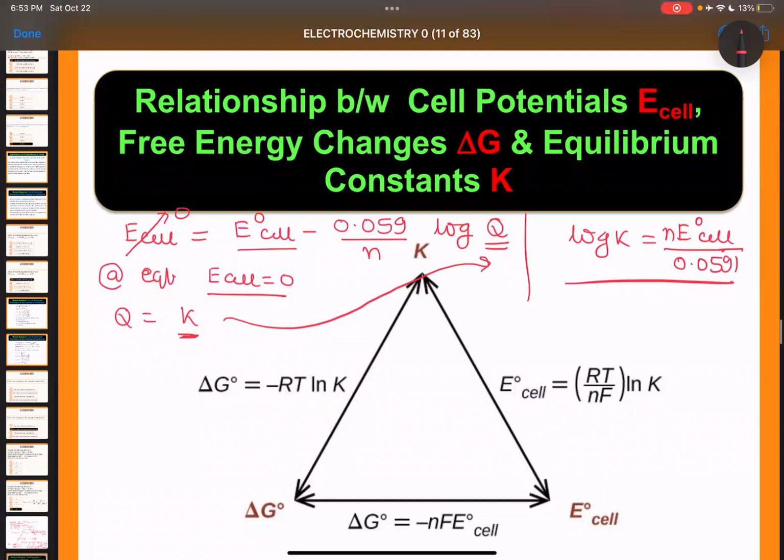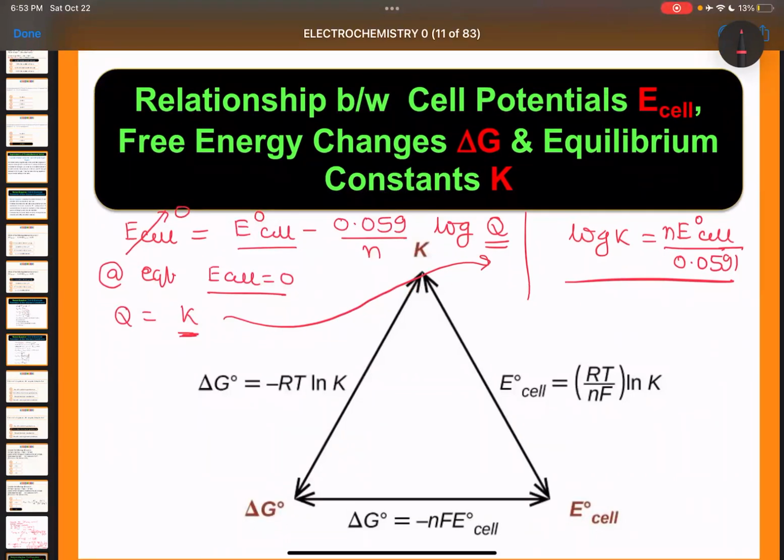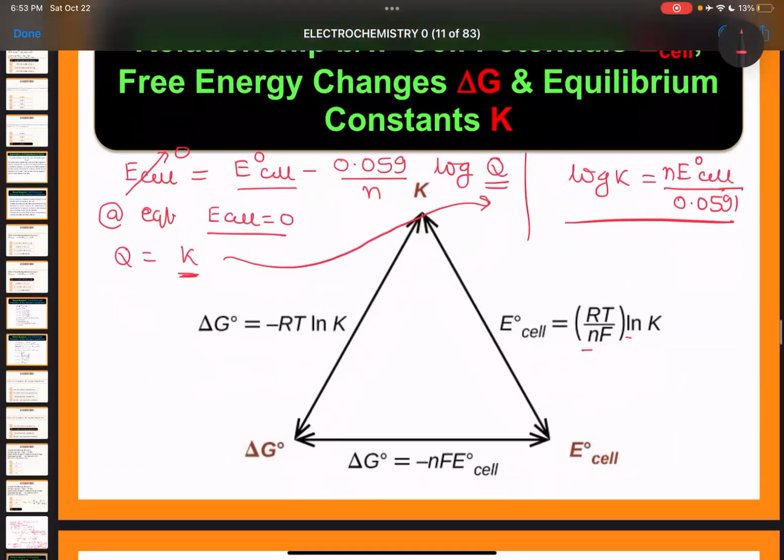From the Nernst equation you can calculate. This value is 2.303 RT by F, and you can put the value. So this equation is the same, but I have put the value 0.0591 in place of those constants RT by F and all.